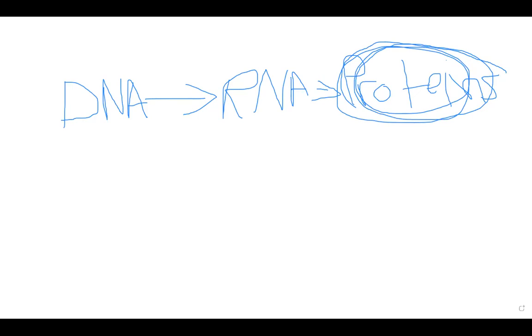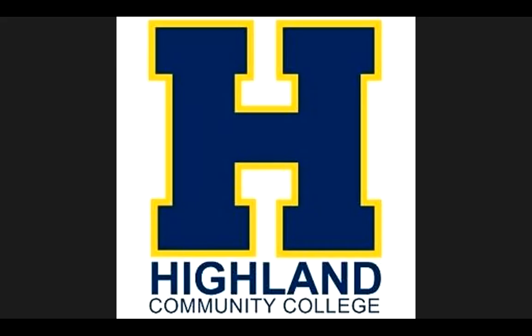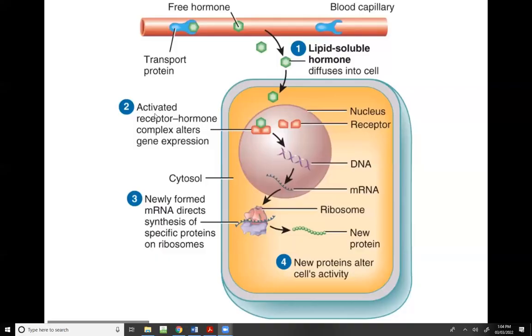Well, if I go back to my screen here, we can see what's happening. So we alter gene expression, DNA triggers the making of RNA, RNA then triggers the making of the protein, and here's the ultimate takeaway. That newly formed protein is what alters the cell's activity. Don't really care what that activity is, but by making the protein, the cell produces a specific response.